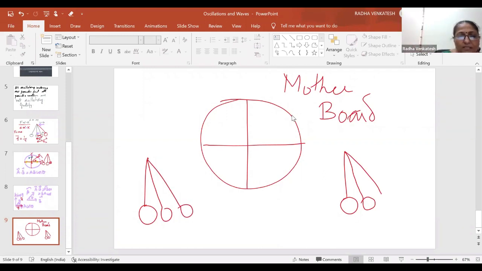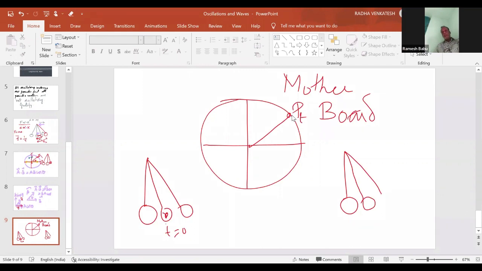This is the position I am considering now. This is where I am seeing it, so t is equal to 0 here. This origin is the mean position. Now, is this particle at the mean position when I am observing it? No. So where is my particle? Somewhere here. And this is the position of t equal to 0.